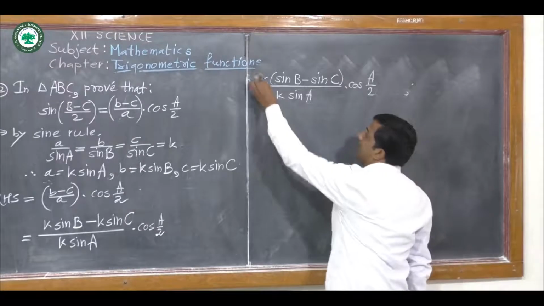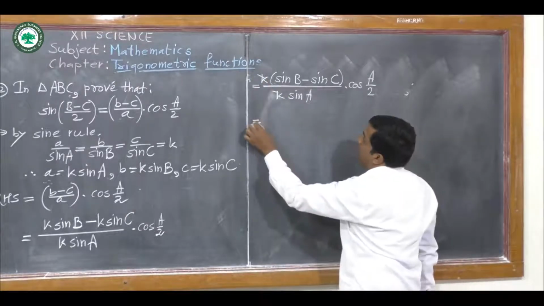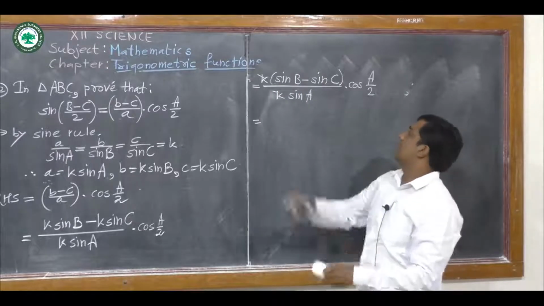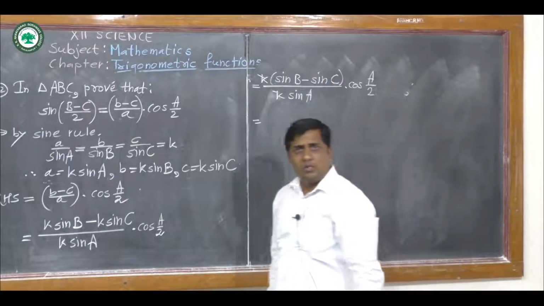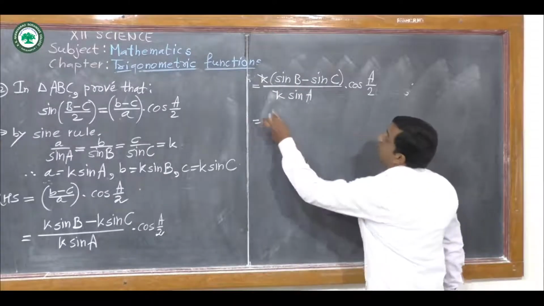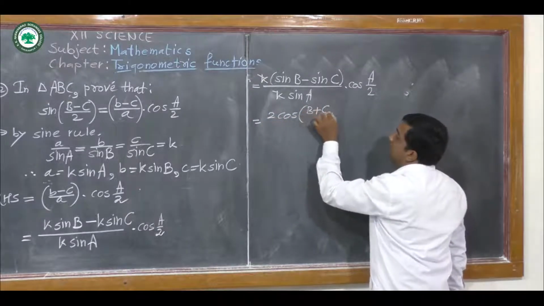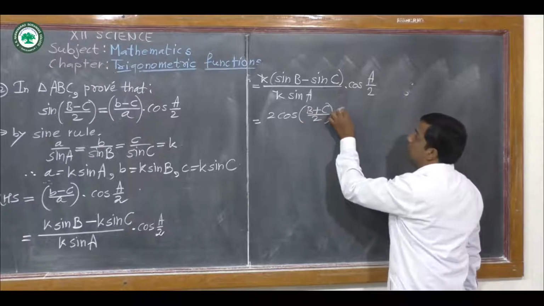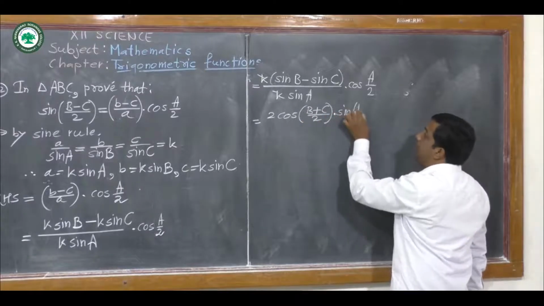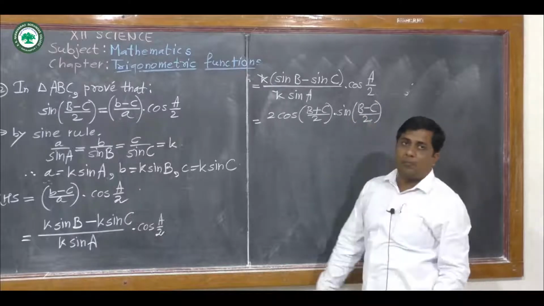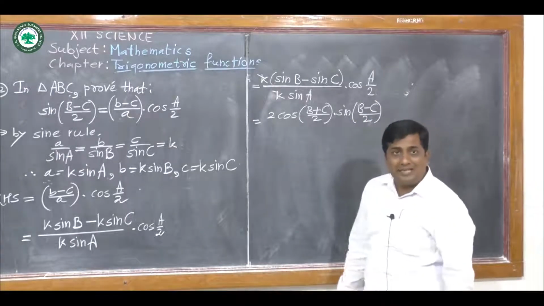Now k and k cancel, and only sine B minus sine C remains. Now we know sine B minus sine C is 2 cos of (B plus C) upon 2 into sine of (B minus C) upon 2. This is the formula for sine B minus sine C.